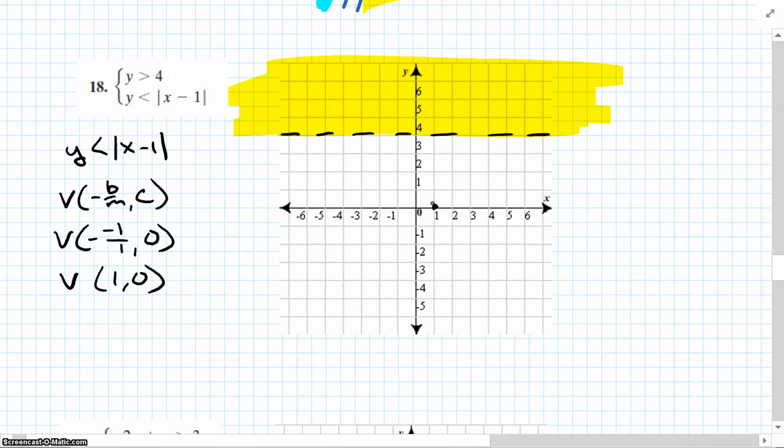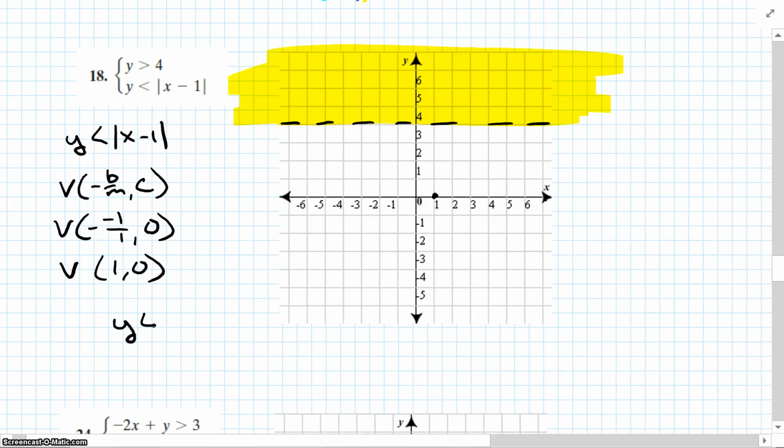And my slope, because my parent function is just y is greater than or less than the absolute value of x, so here we go. It's going to be a slope of 1 and negative 1, dotted of course.